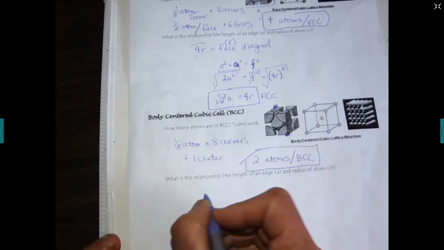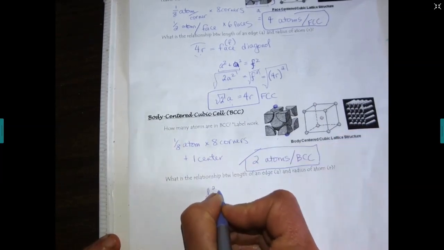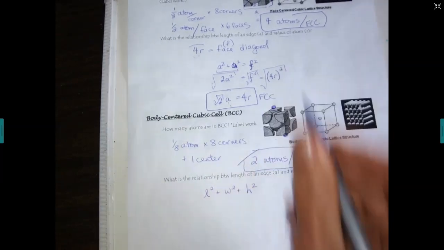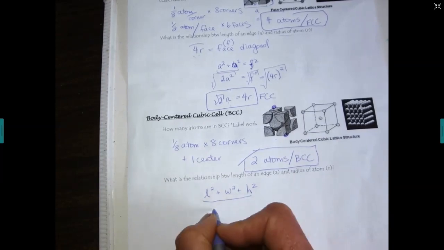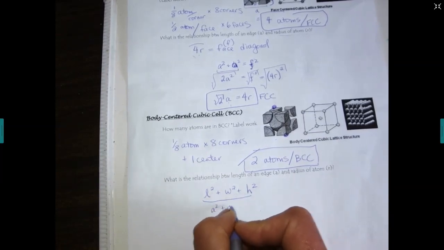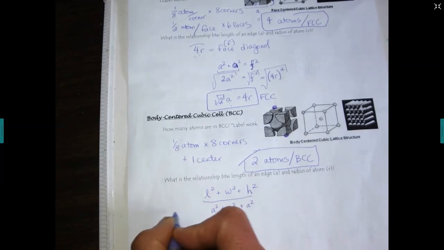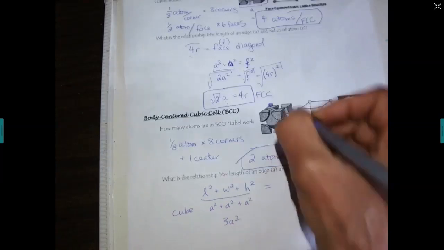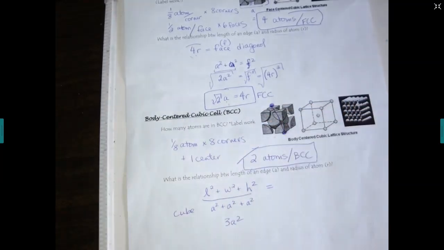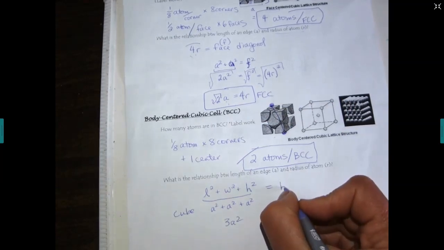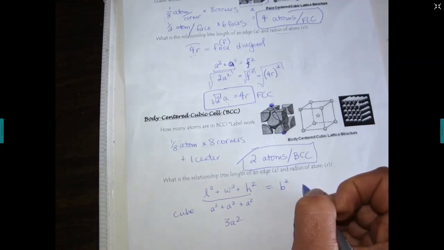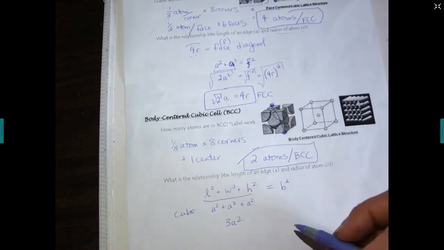The real Pythagorean theorem is the length squared plus the width squared plus the height squared of a cube, which is really all a's: a squared plus a squared plus a squared, or 3a squared, which equals this diagonal squared from one corner to the other corner. I'm going to call that the body diagonal, b squared, or you can call it d squared. It doesn't really matter, because we're going to get rid of that piece in a minute.